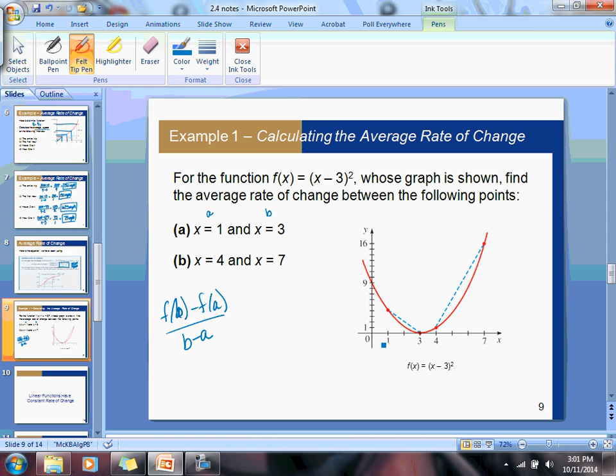And then when we put 1 into the function, f of 1, the value that we get out looks to be about 4. Okay?